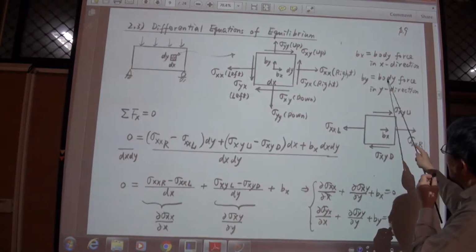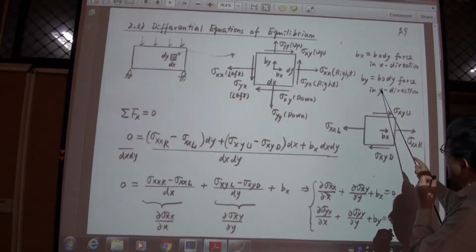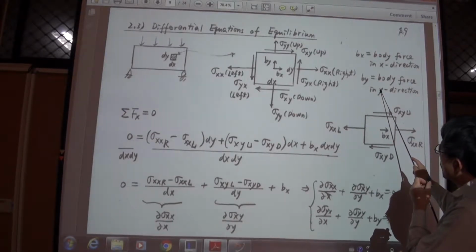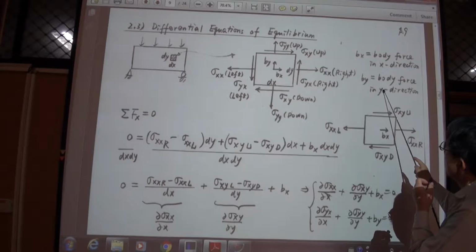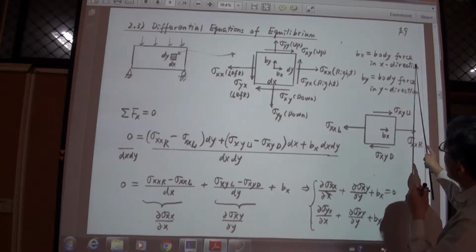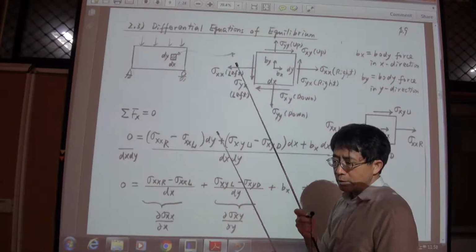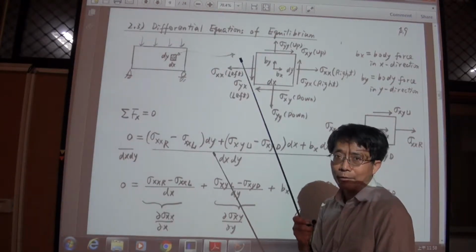So By, the body force in the y direction, is usually the weight of the material point. How about the body force in the x direction? Usually we don't have body force, we have zero body force in the x direction.